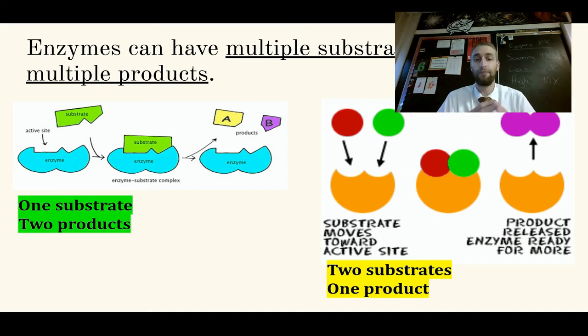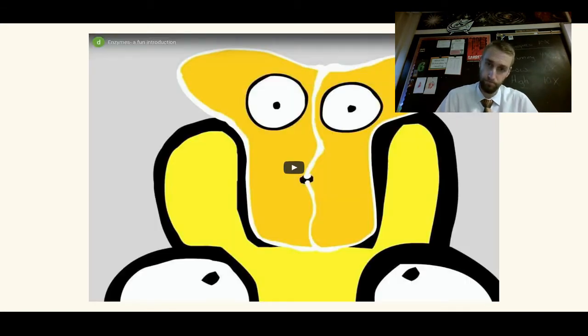The point is there are lots of different options. You can see here on the left, there's one substrate, binds to the enzyme at the active site, broken into two products. So that's a breaking down chemical reaction. On the right, we have two substrates that bind at the active site that are joined together to make one product. And it can get even more complicated than this, but just know that sometimes there are one or more substrates, sometimes there are one or more products.